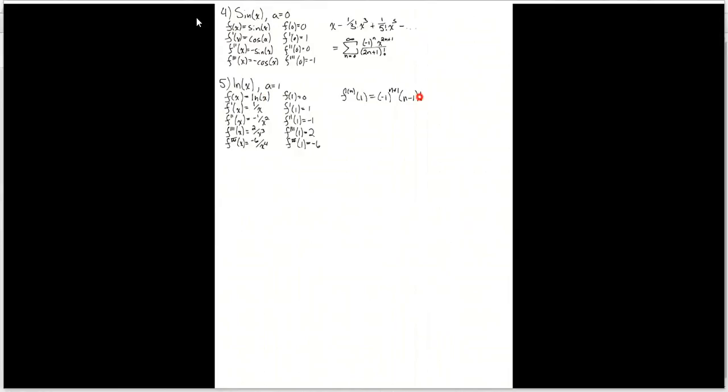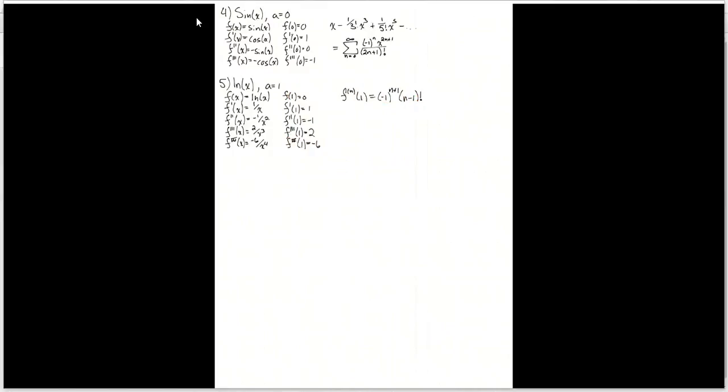So notice that it's n minus 1 factorial because this is 0 factorial, this is 1 factorial, this is 2 factorial, and then this is 3 factorial. So we're not going to be using this one. So what we're going to do is skip this index. So normally we start at n equals 0, but we're going to go to n equals 1 first, because this does not follow the expression that we've got here.